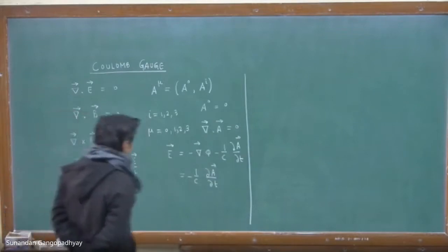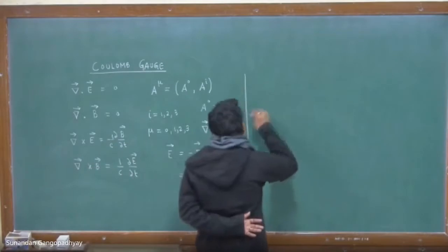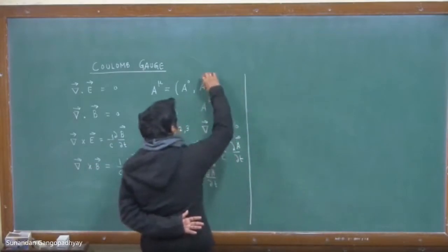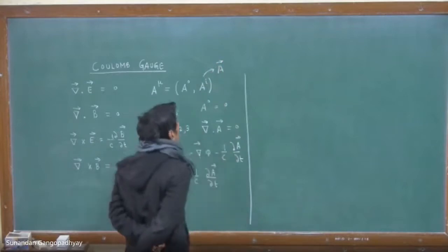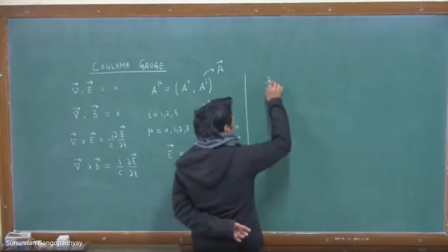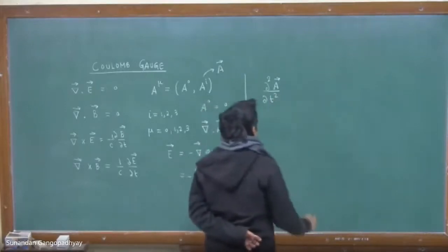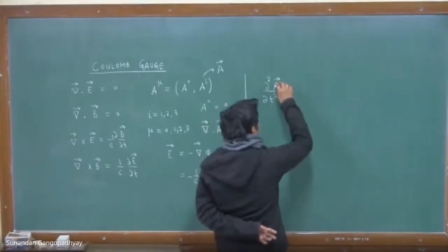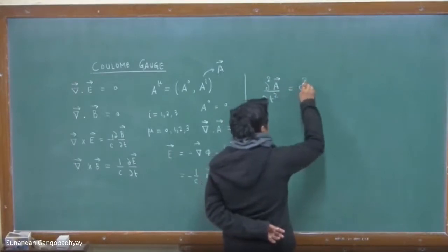The next thing that we should note is that this vector potential, in ordinary vector notation, you write as A vector. You must have seen in the electrodynamics course that the free vector potential satisfies a wave equation.